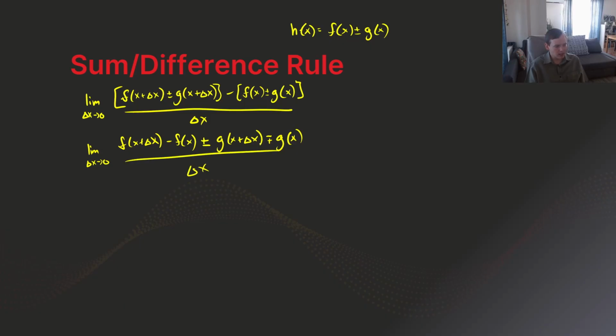All over delta x. That's going to be the limit as delta x approaches 0 of, now this first, I'm going to separate these out. f of x plus delta x minus f of x over delta x, plus or minus g of x plus delta x.